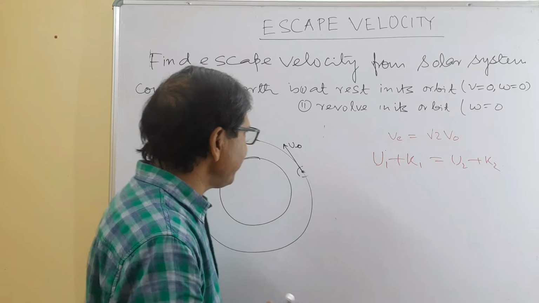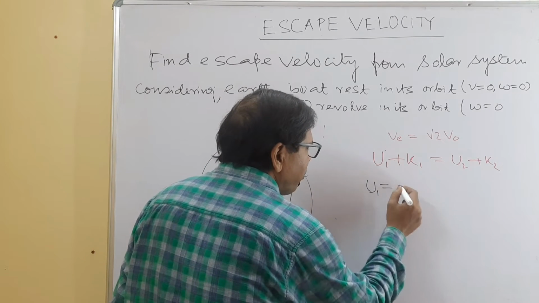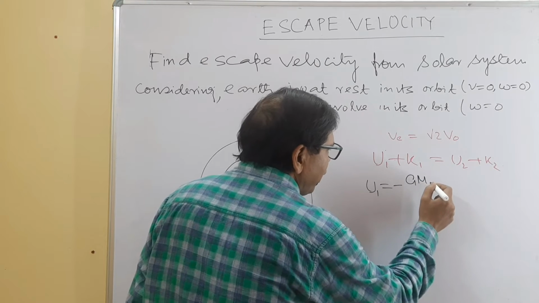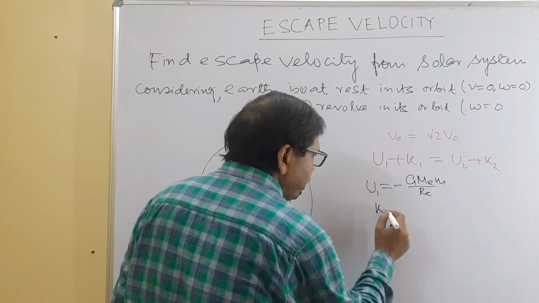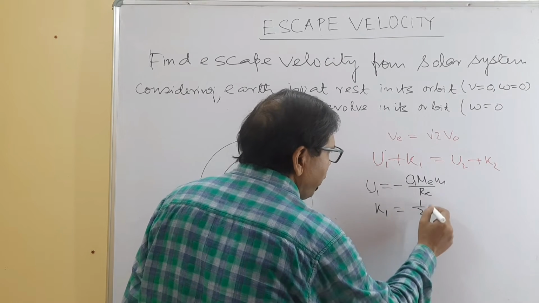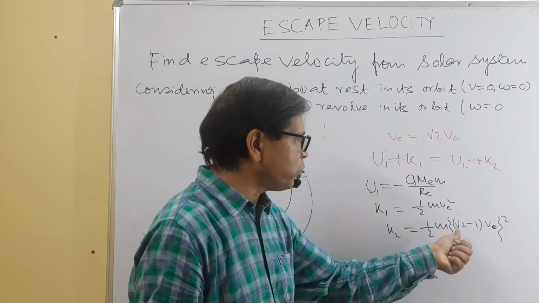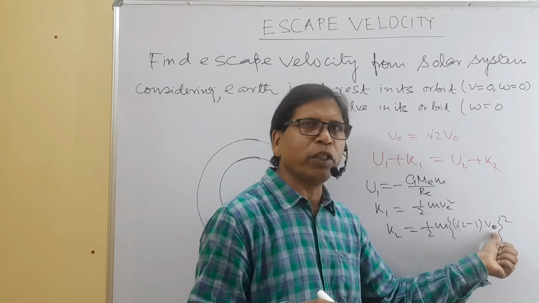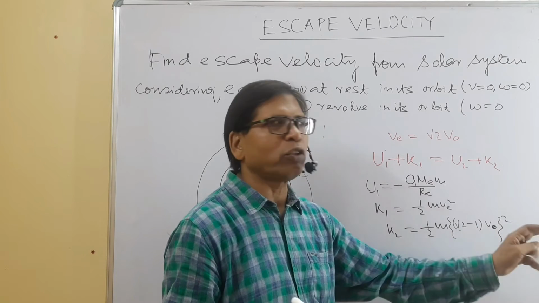Look at this, here U1 becomes minus G capital M e by Re into small m. What is K1? K1 equals half m v square. Here the final velocity becomes root 2 minus 1 into v0, so the final kinetic energy is half m (root 2 minus 1) v0 square.